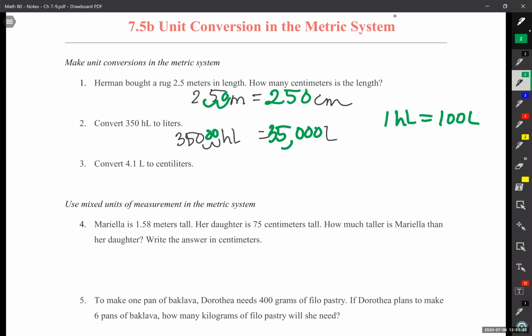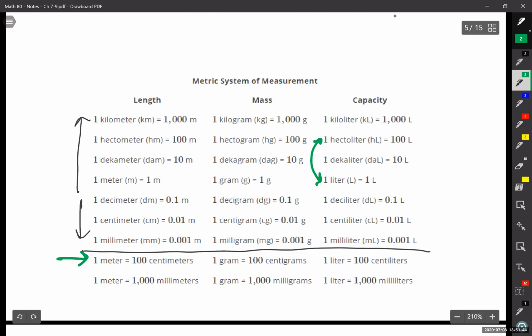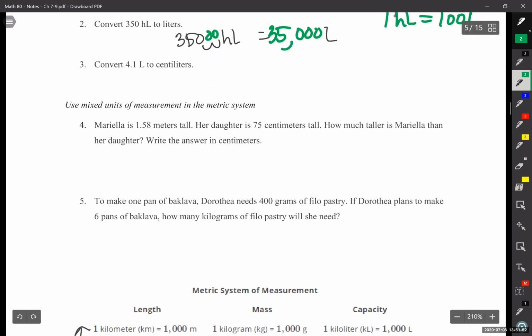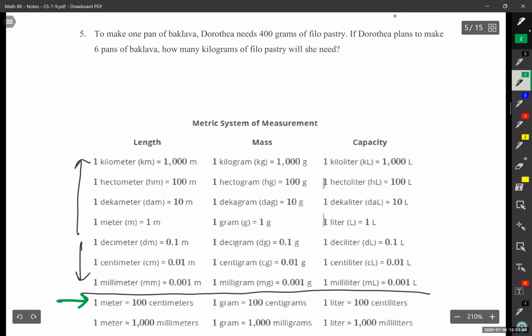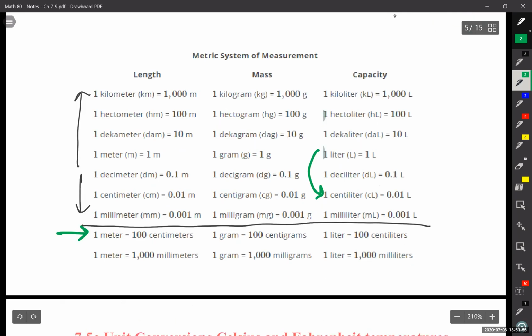All right, last one, and then we will do the mixed units. We have liters to centiliters. Now meters and liters and grams, they all have these same relationships here. So we're going from liters to centiliters. A centiliter equals 0.01 liters.